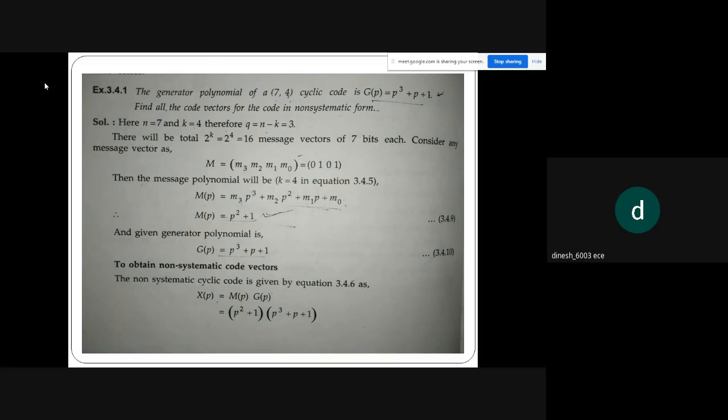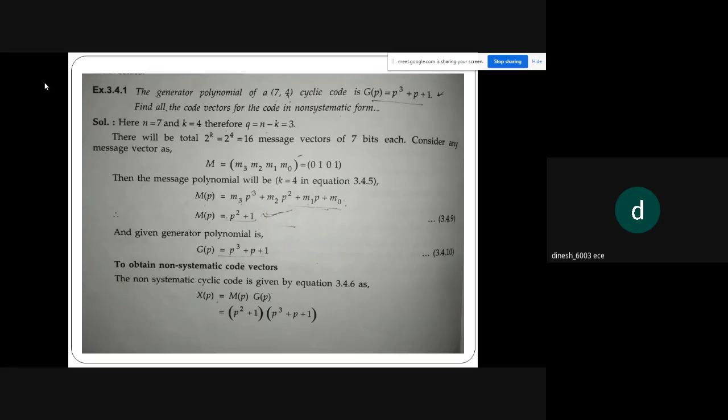If you do multiplication, P square into P cube, we get P power 5. Why? Because in multiplication the powers should be summed up. In division, the powers should be subtracted. So we get P power 5.